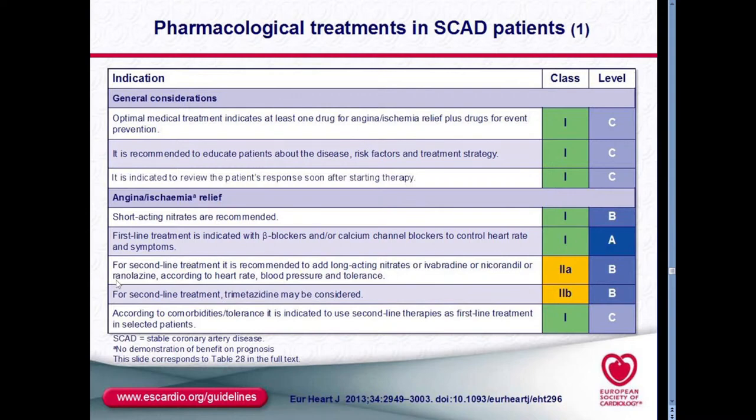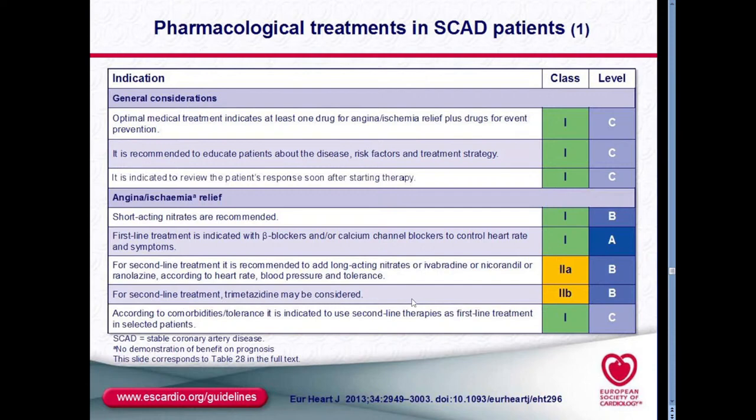second line treatment. It is recommended to add long-acting nitrates or ivabradine or nicorandil or ranolazine, according to heart rate, blood pressure, and tolerance. Class of recommendation 2A, level of evidence B. The next, for second-line treatment, trimetazidine may be considered.